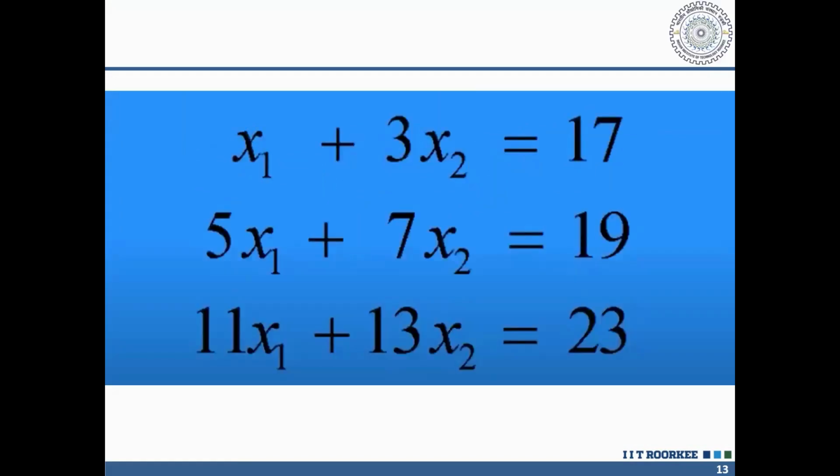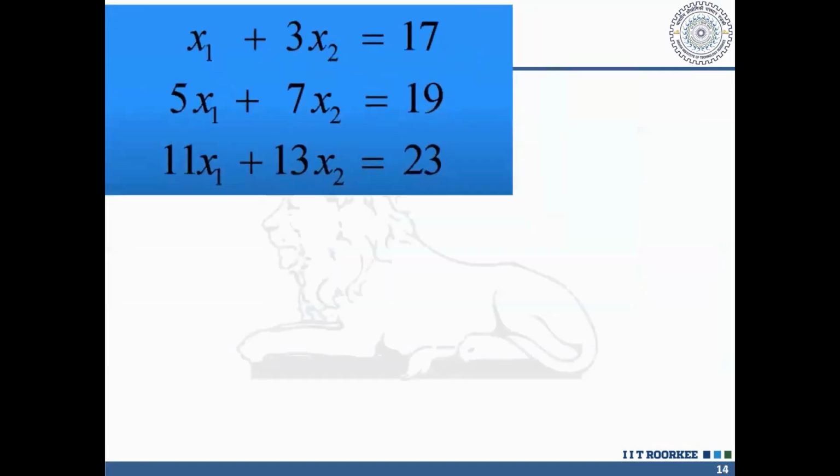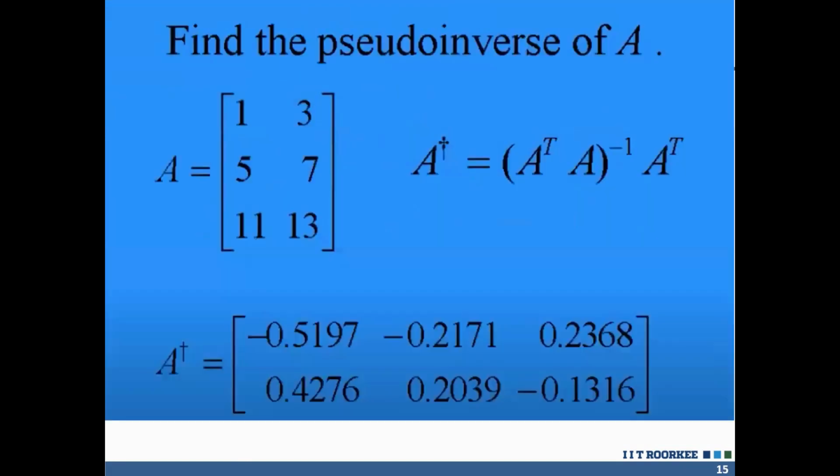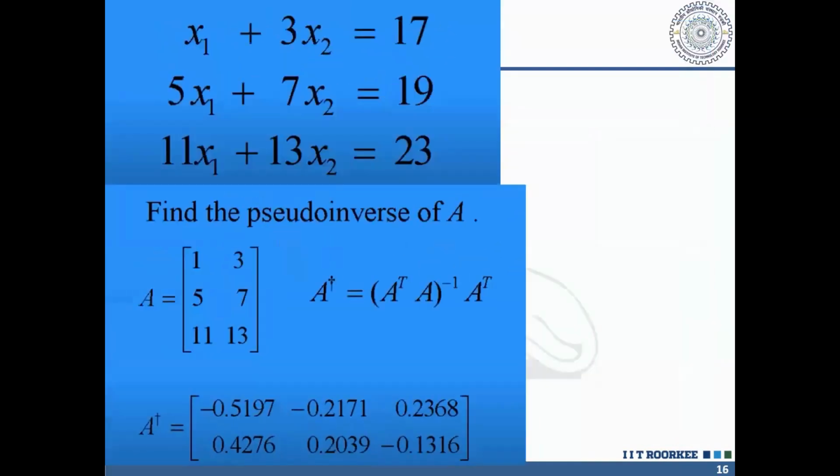So let's just take up this example, right? What's happening here is that you have two variables, but you have three equations, right? So you have to first find the pseudo inverse of A. A is going to be the matrix of the coefficients, right? And as per the formula we just derived, you use that, you solve that, try to do it on your own, and you come up with the pseudo inverse, right?